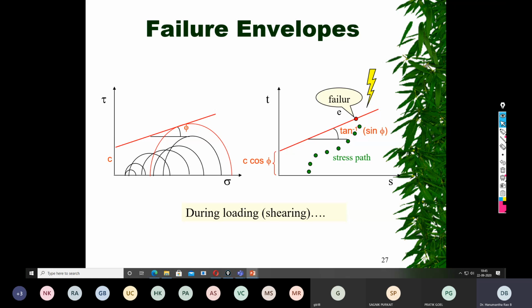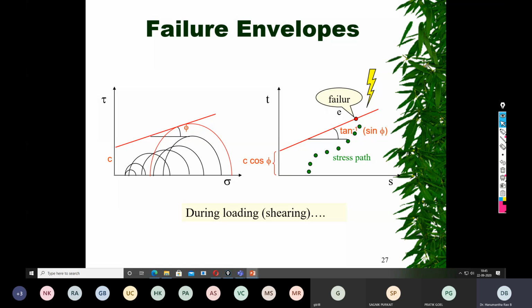Good. Any other logic? The changing of the pore water pressure? No, nothing to do with that. This is very simple.